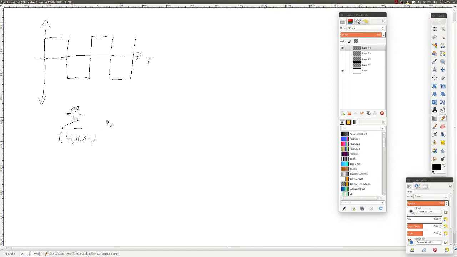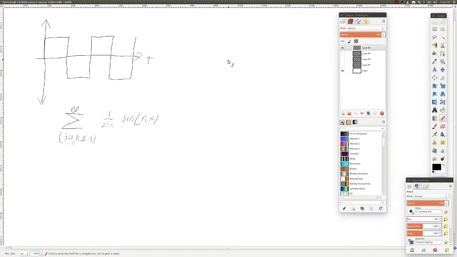A square wave is, if I recall correctly, now that I'm thinking about it, I do not remember it as well as I want to. And I'm sorry about that. I should remember this better, but I don't. It's been a long time since I did this. It is something along the format of 1 over 2 pi k times the sine of kx.